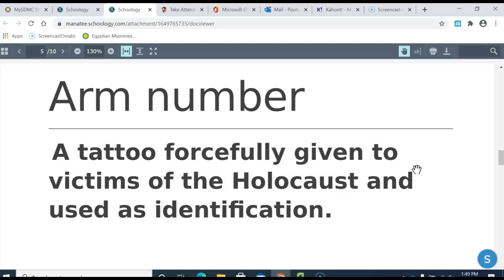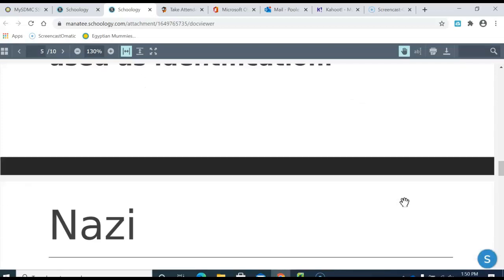So it was usually on the arm, usually the left arm, between a person's wrist and elbow, and it was a permanent tattoo so that the Nazis could easily identify a person without using their name, which is really not a good thing to do. It's important to call people by their name and remember that they're human.